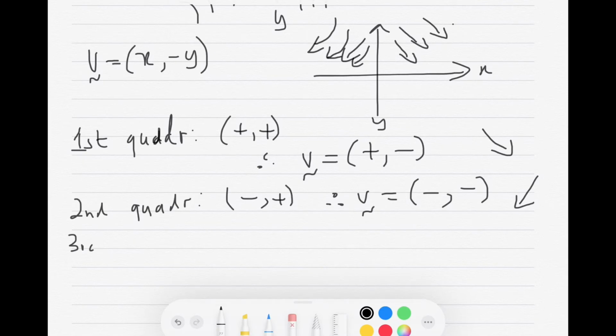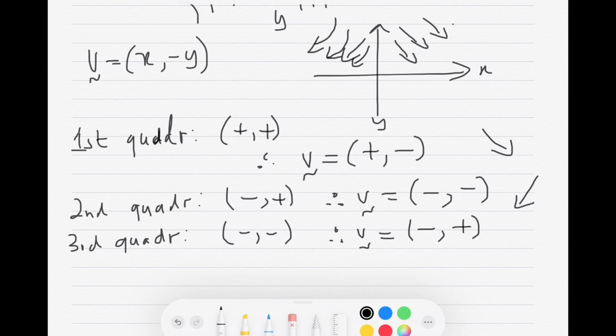In the third quadrant, the signs of the x and y are negative, negative. In the third quadrant, x is negative, y is negative. What consequence does that have on the signs of the given vector field? Well, if x is negative, then the first component of the vector field will be negative. The second component of the vector field is minus y, but y is negative, so negative, negative, the second component will be positive.